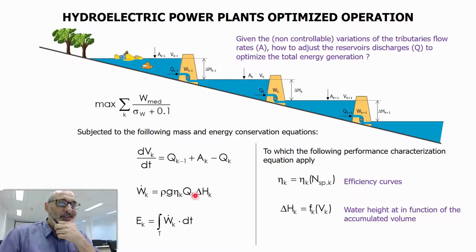This actually relates to the volume through the reservoir. We could say that delta H is a characteristic of the reservoir performance, related to its geometry. So we're going to construct this model. It's very simple. These eta curves you have from the manufacturers of these turbines, and this function here you can assess from the geometry of the reservoir. I'm going to show you how.